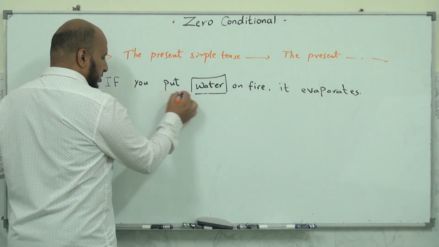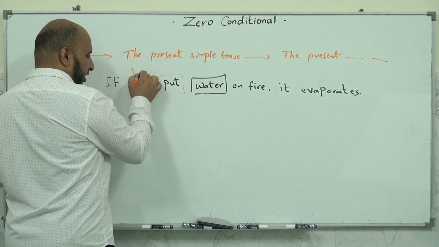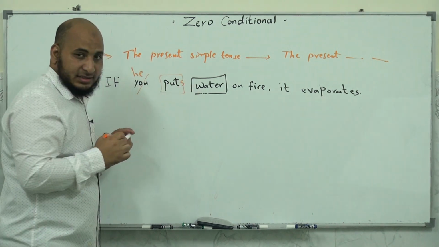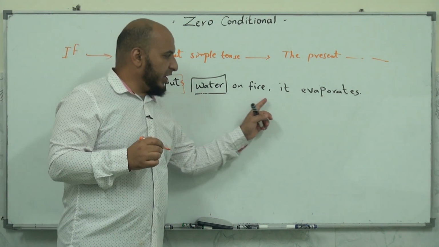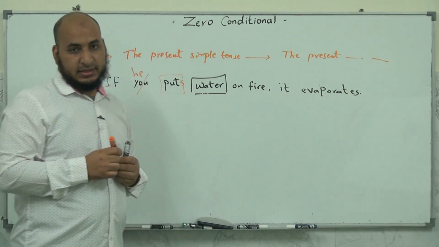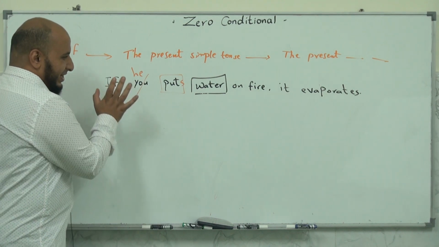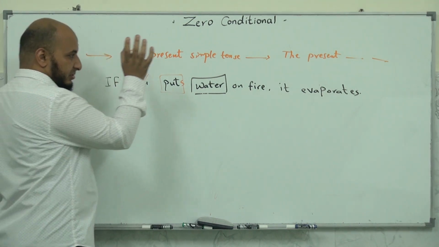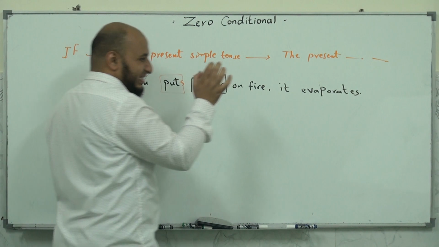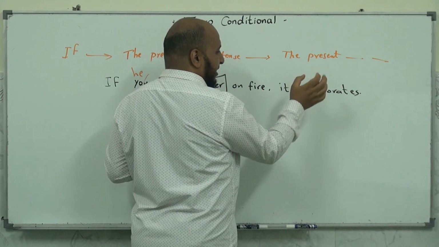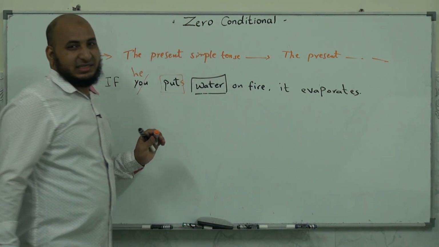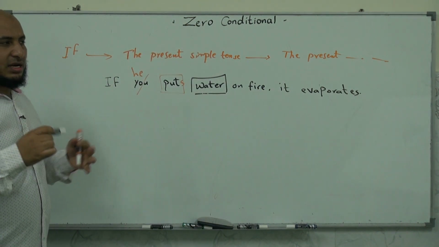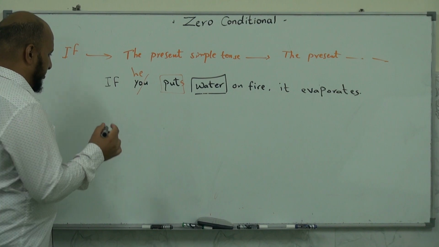So if I write he, you will put s. If he puts water on fire, it evaporates. This sentence is in the present simple tense, and the other side of this sentence is in the present simple tense. Okay, another one.